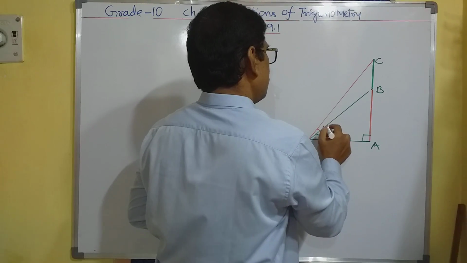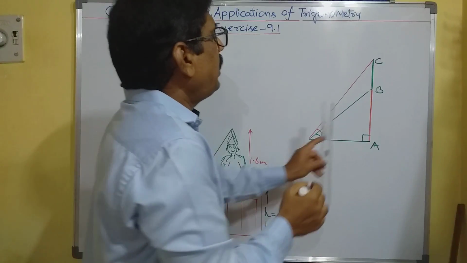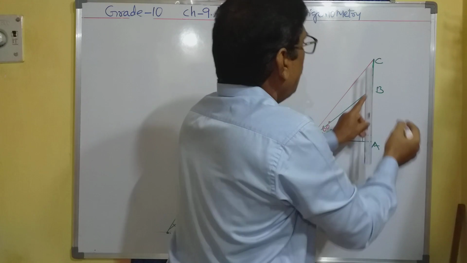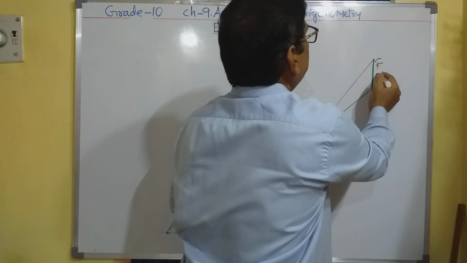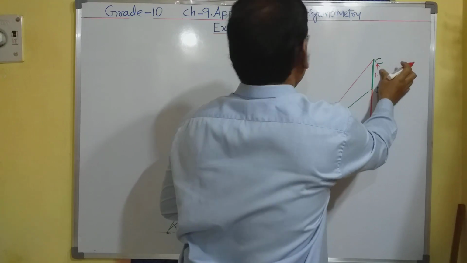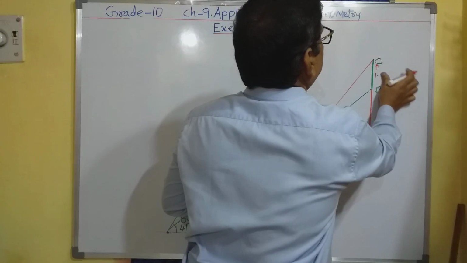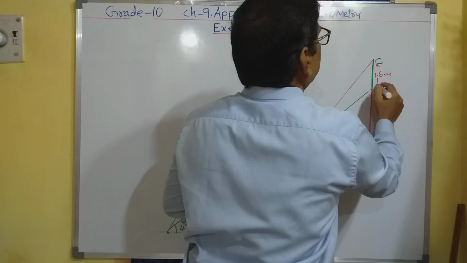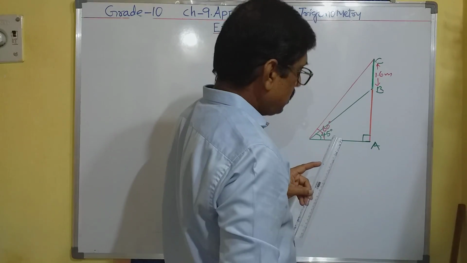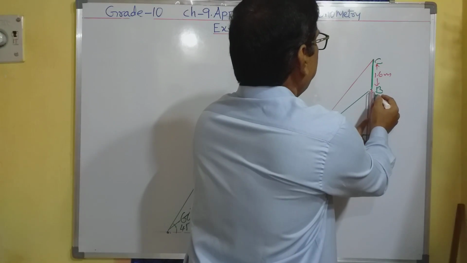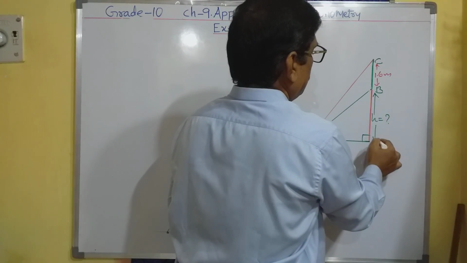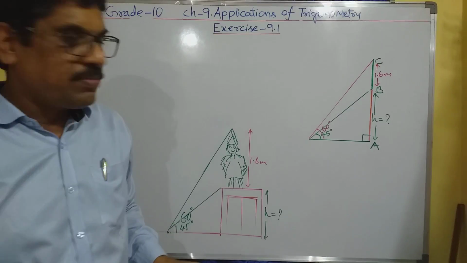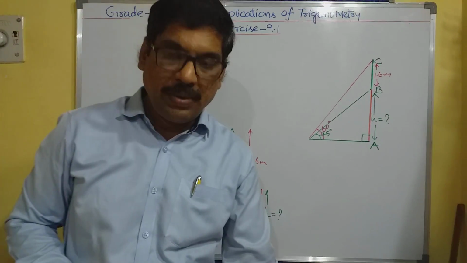This is 60 degrees. Okay, and the height of the statue is given. How much it is? 1.6 meters. But the height of the pedestal is not given. That we need to find. Question mark. Okay, this is the information from the problem.